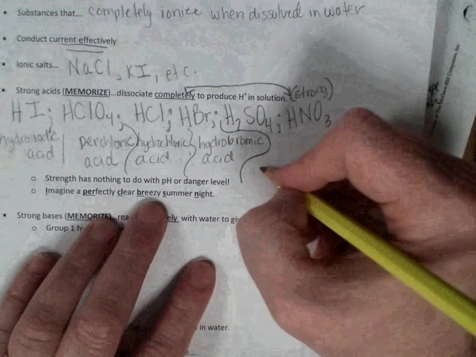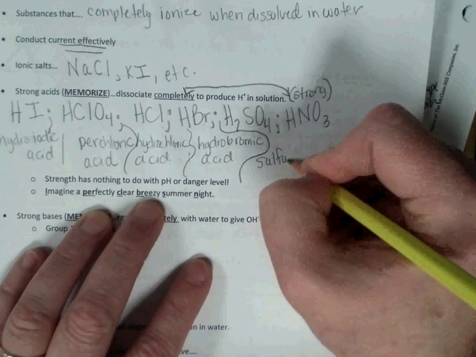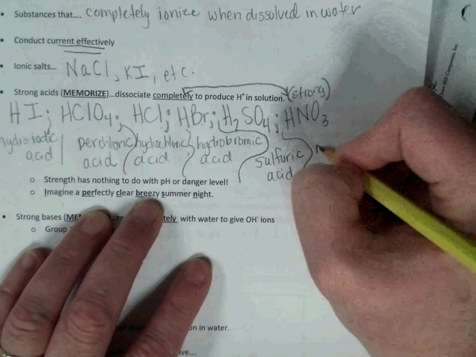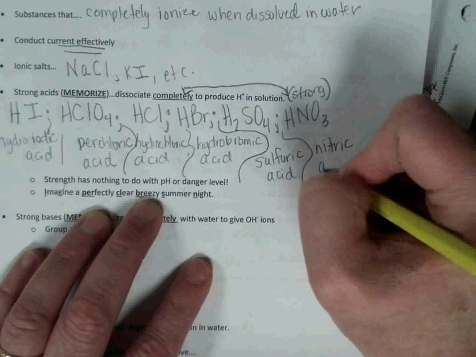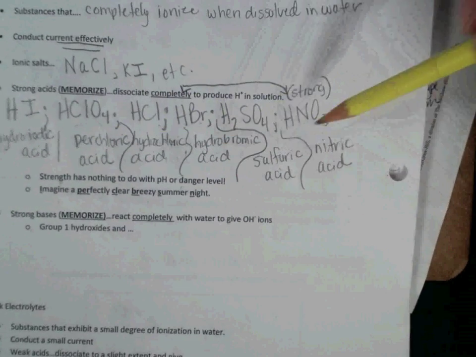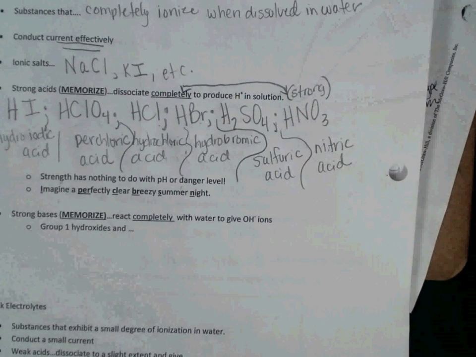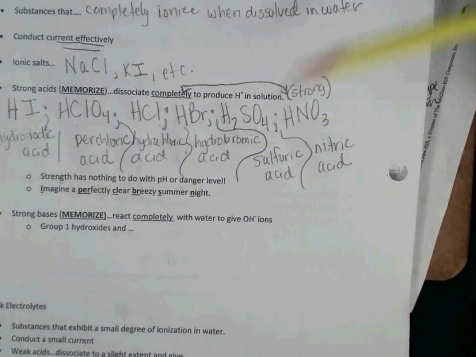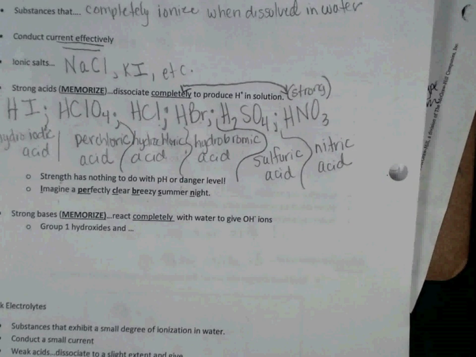All right, and then we have summer, sulfuric. And then night, nitric. So how many are there? 1, 2, 3, 4, 5. Okay, making sure I had 6. Scared myself for a second. And here's your sentence. If it helps you, good. If not, just start memorizing. Okay?